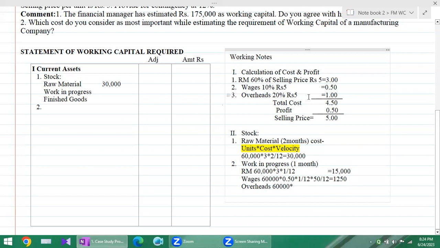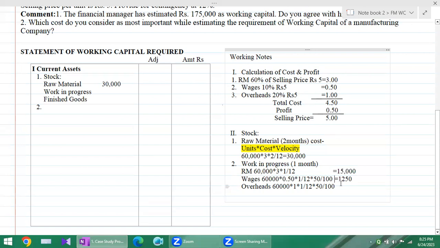Here in the working note, we have calculated it is 1 rupee. 1 rupee into 1 divided by 12 into again 50%, because it is given as completion is 50% only. That's why it is not 50 divided by 12, it is 50 divided by 100.